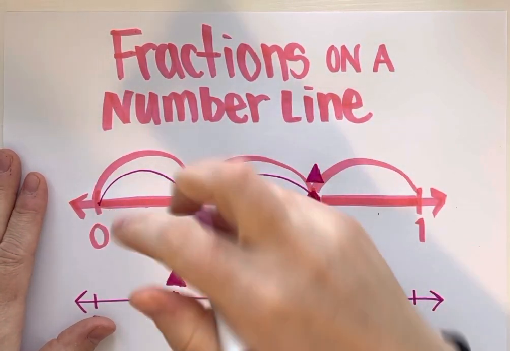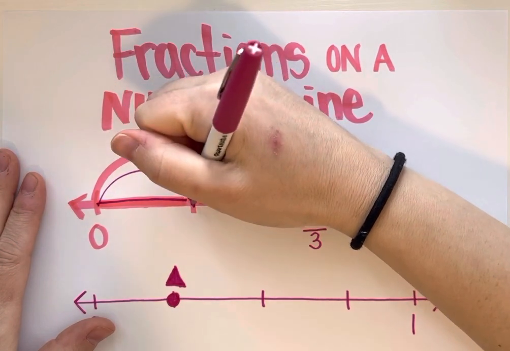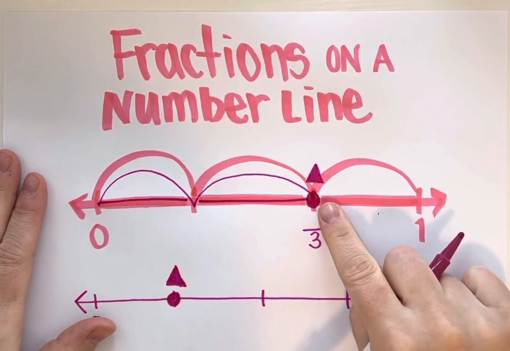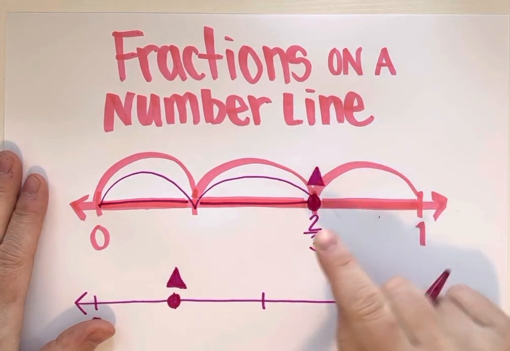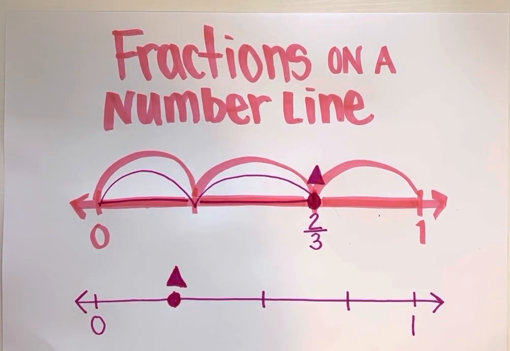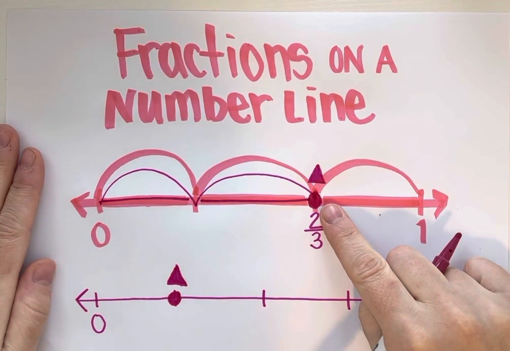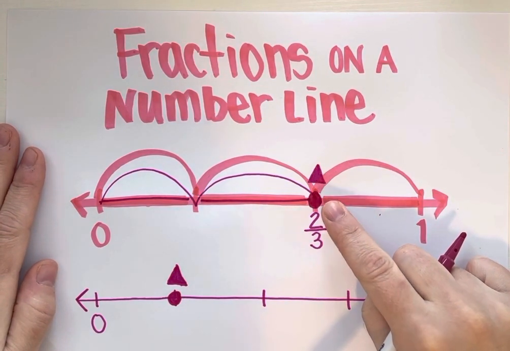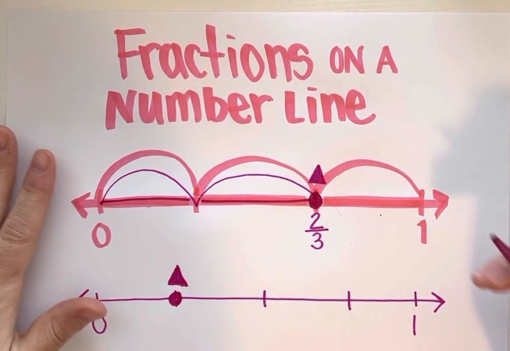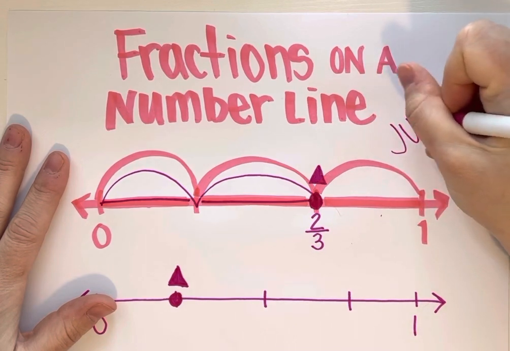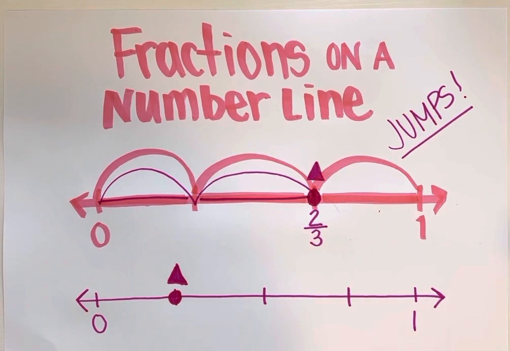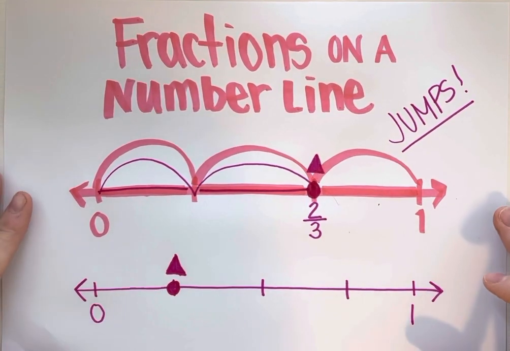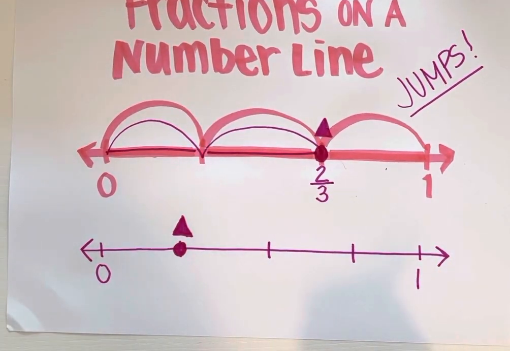It took me 2 jumps, 1, 2, to get to the point, to get to this triangle. So my numerator is going to be 2. That means the fraction that this point represents is 2/3. So remember, it's all about the jumps. You're not counting lines.